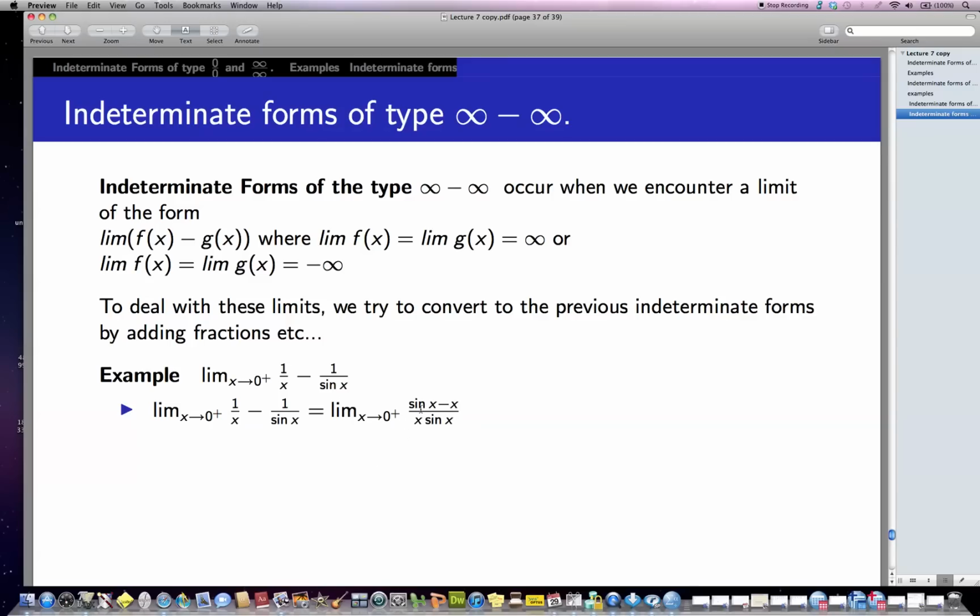And then I get the numerator as sine of x minus x. And now I see I have the limit as x goes to 0 of something going to 0 here. And we also have sine of x minus x is going to 0. So we have a limit of type 0 over 0, an indeterminate form of type 0 over 0, to which I can apply L'Hopital.